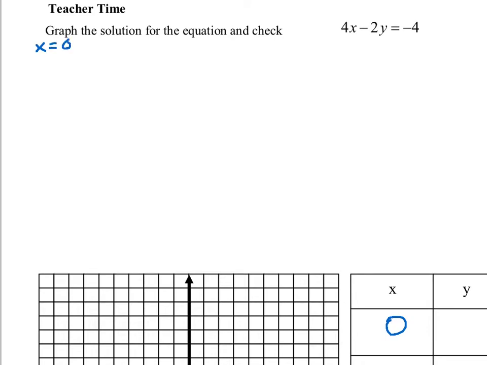So x equals 0. When I plug that in, that gives me 4 times 0. I'm going to switch this early on, so I'm going to make that a negative 2y over there. Plus negative 2 times y, which I still don't know, is equal to negative 4.